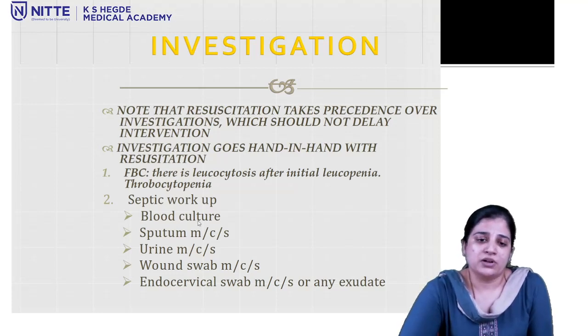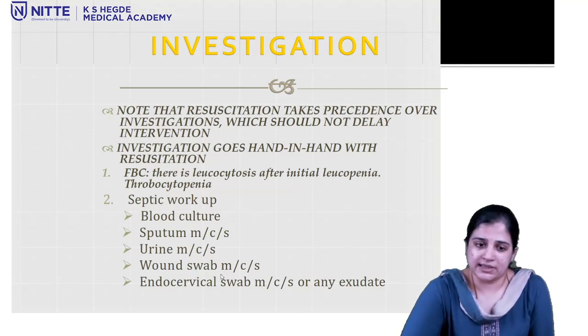For the other septic workup, we do blood culture, sputum microscopy, culture and sensitivity, urine microscopy, culture and sensitivity, and if there is any infection in a wound, a wound swab is also taken.